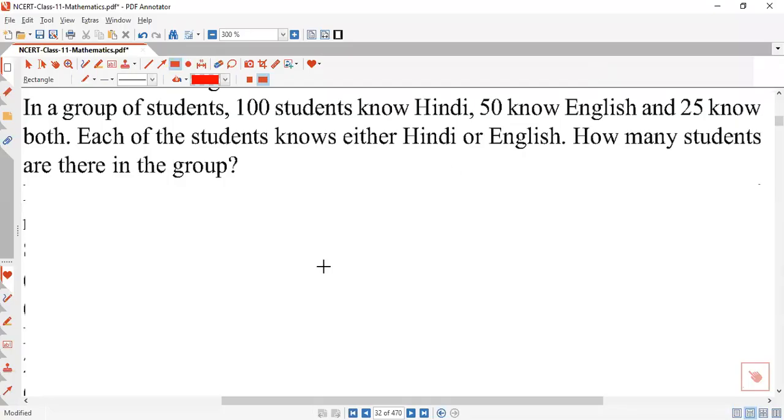So class, now we do question number 14. In a group of students, 100 students know Hindi, 50 know English, and 25 know both. Each of the students knows either Hindi or English. How many students are there in the group?